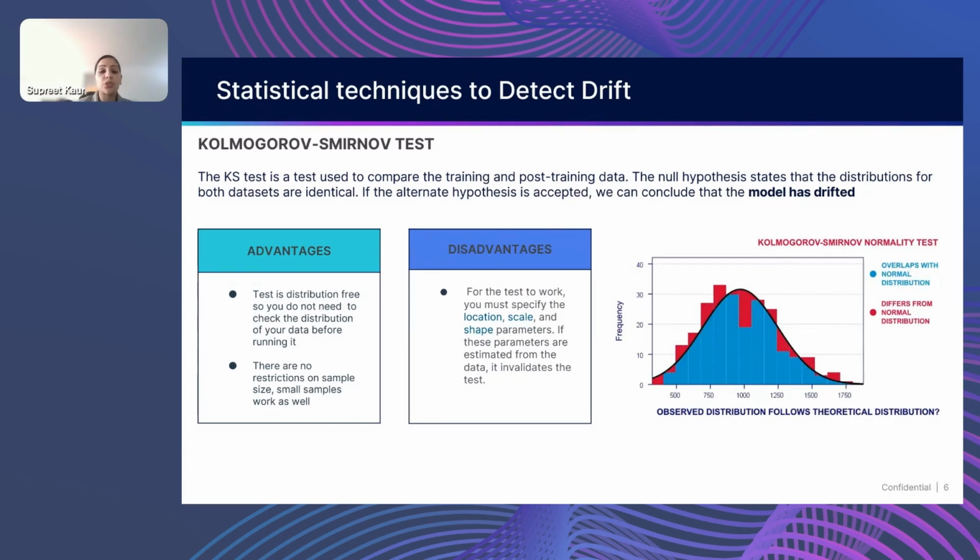It's a non-parametric test, which means that it does not require any assumptions about the underlying distribution of the data. That is also one of the advantages, because sometimes you don't know what that distribution looks like. The KS test works by comparing the cumulative distribution function of any two data sets.